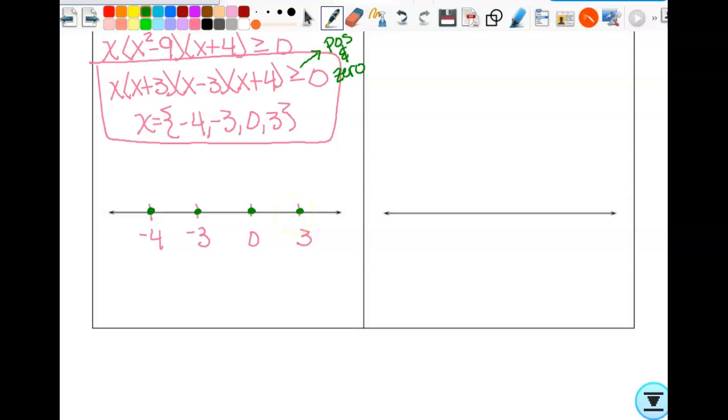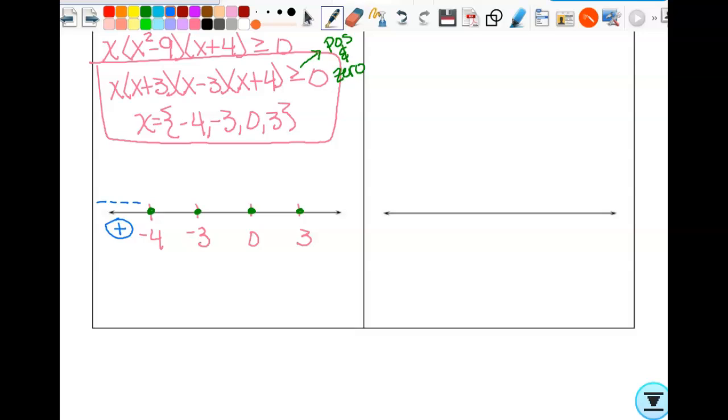Now we test points just like we did on the front. Don't forget about this guy. He is important. So on the left of this, if I pick a negative 5, negative 5 substituted into here totally gives me a negative. Negative 5 plus 3 is negative, then negative, then negative. So all of that gives me positive overall.